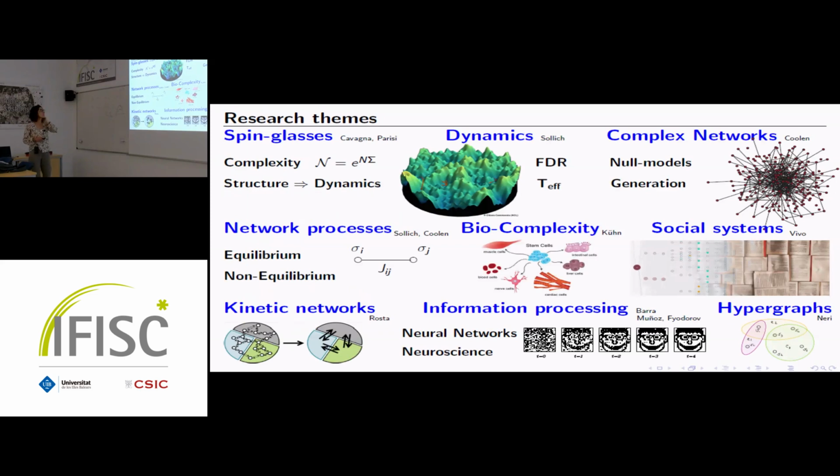As Tobias mentioned, I started several years ago in spin glasses with Andrea Cavagna and Giorgio Parisi. The main focus at the time was to compute the number of metastable states that this system typically exhibits, which can be visualized as the local minima of a rough landscape, as illustrated by this picture produced by Chiara Camarota.